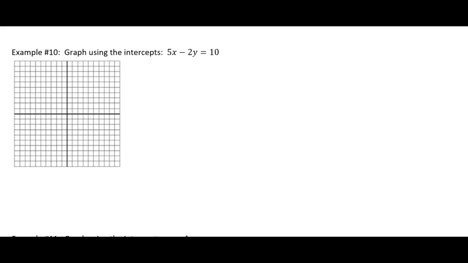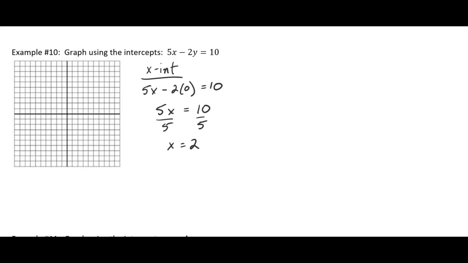So we'll find the x-intercept. That means y is going to be 0. So you're going to have 5x minus 2 times 0 equals 10, or 5x equals 10. See how that 0 for y just drops out that term. So divide both sides by 5, and you get x equals 2.